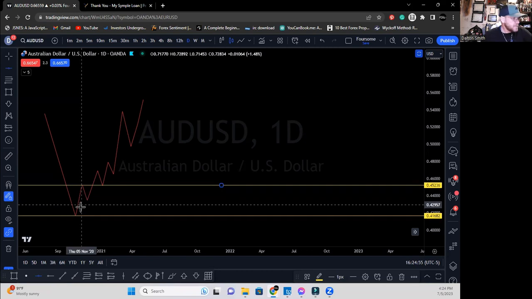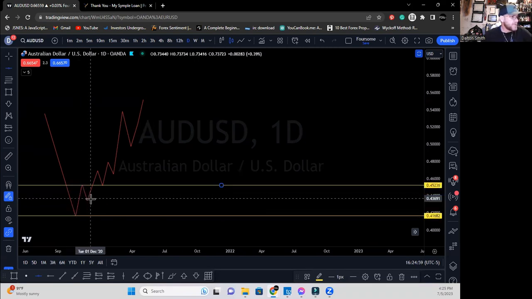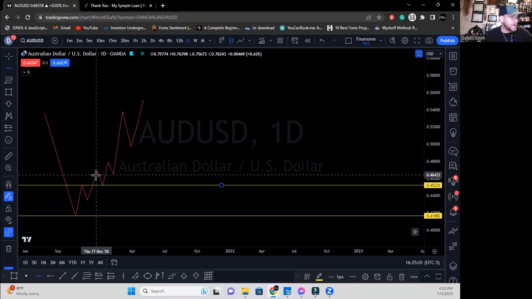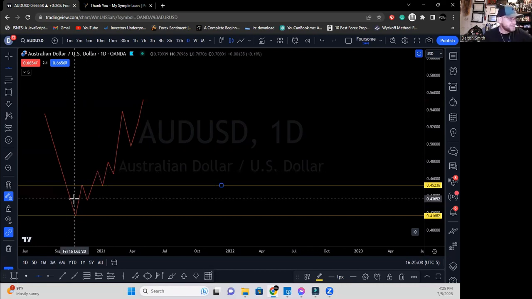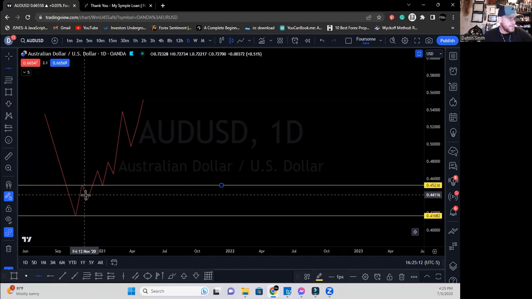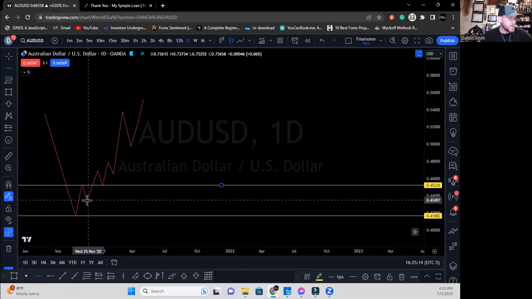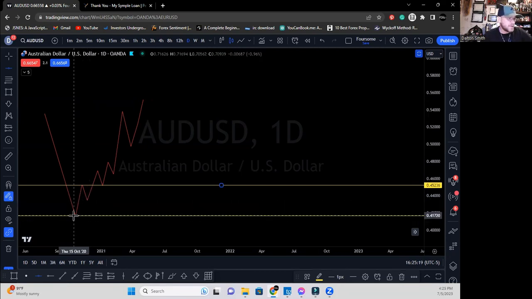Okay. So we got a low and then we have a high. And then we have a low and we have a higher high. Now there are a couple of important rules here when tracking highs and lows. Low, high, low. Now for this low to stay valid, it cannot go below this low.